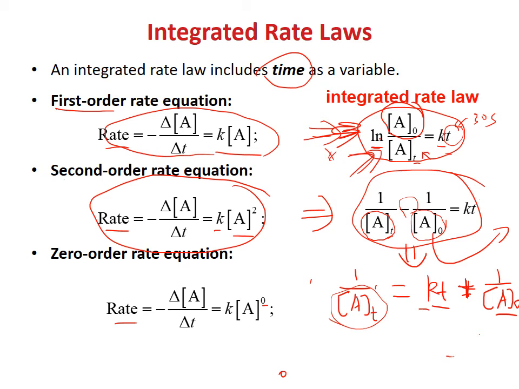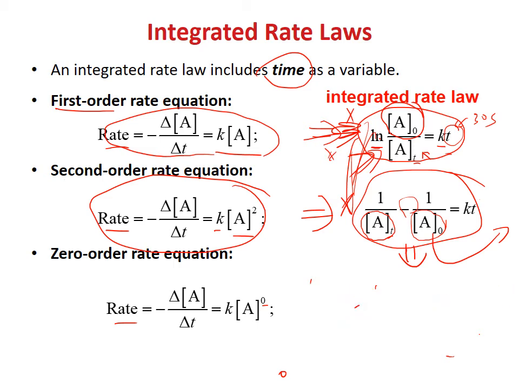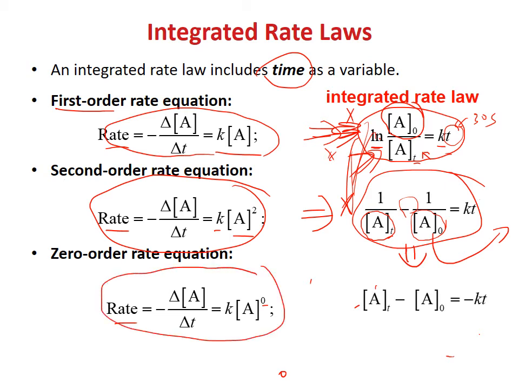What if it's a zero order reaction? If it's a zero order reaction, you cannot use either of these two. There's an integral rate law for zero order reaction. That's this one. This is the rate law for zero order reaction, and this is the integral rate law for the zero order reaction.